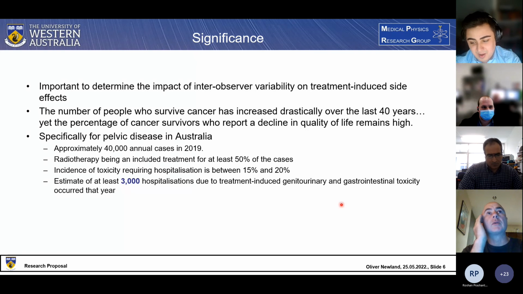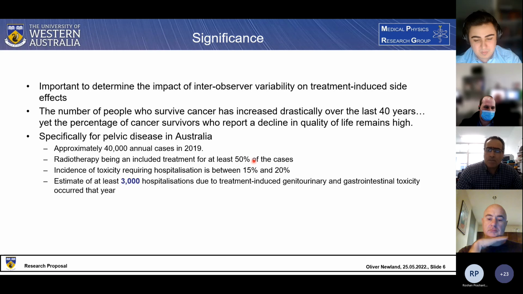It has been done before using, as I mentioned, dose volume methods, but there isn't too much in the way of looking at spatial dose features, which just has that extra information that's missing. Does that answer your question?